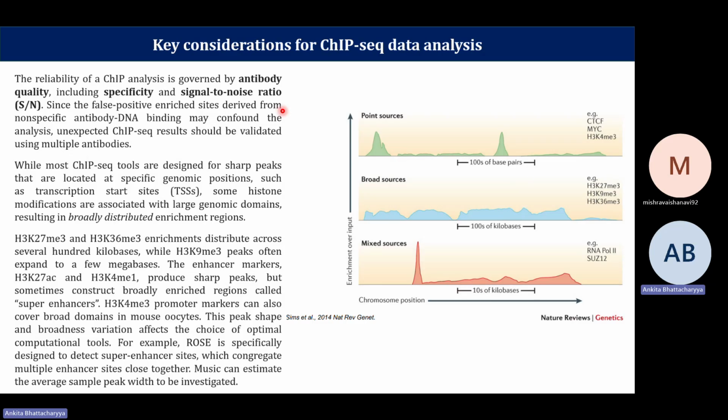If you remember, I just said that you should A, always make sure that the antibody is suited for this experiment, and B, you need to make sure that the quality of the product or of the isolate should also be very high. There should be as minimum false positive results as possible from any non-specific finding also, and if you do see that there is a result that you did not at all hypothesize, then in that case it needs to be validated using multiple antibodies.